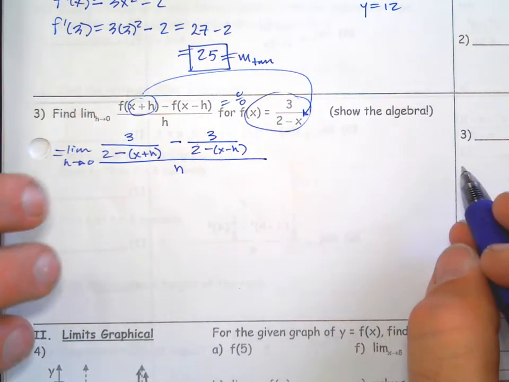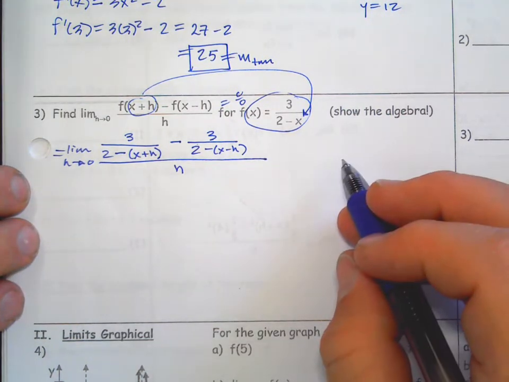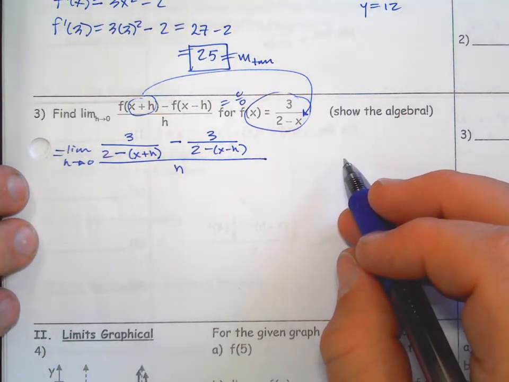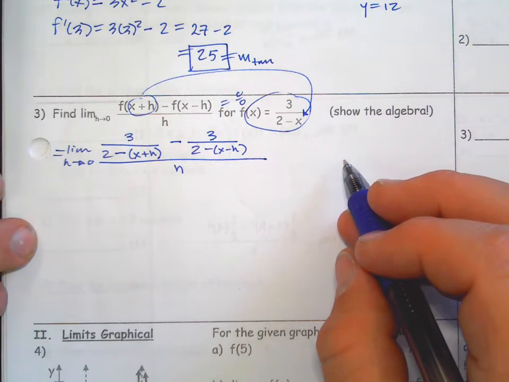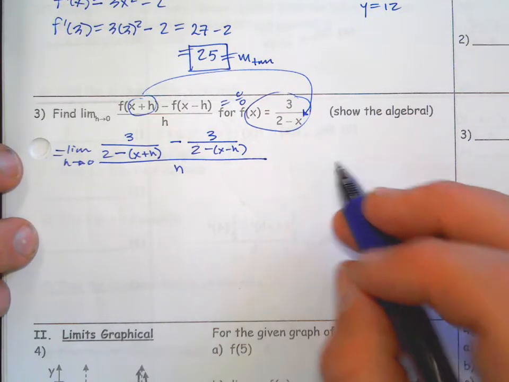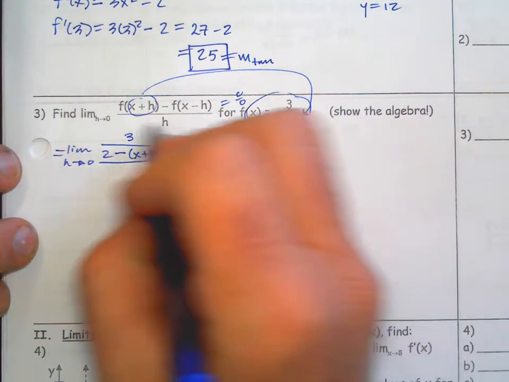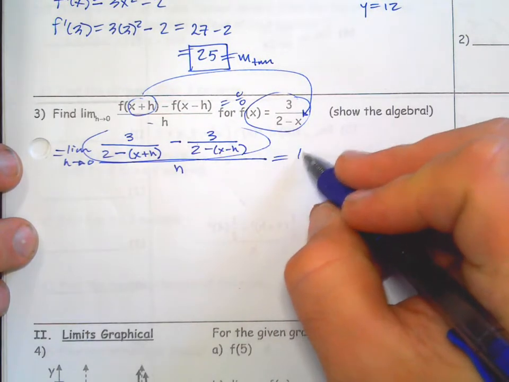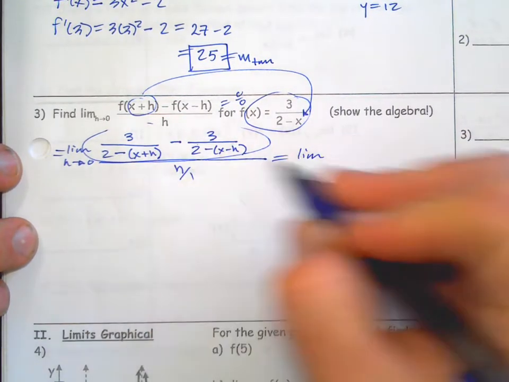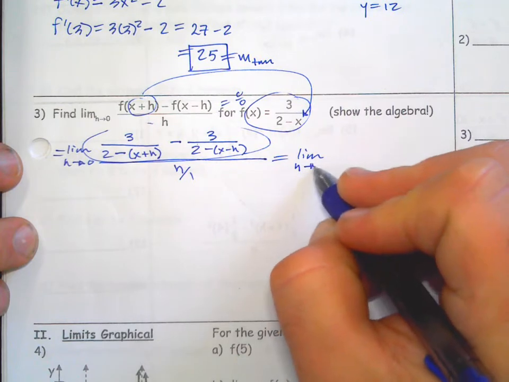We did one like this on one of the recent worksheets, I think the assignment 4 worksheet. Now, we're going to want to combine these together in the least common denominator. This I'm going to think of as h over 1 and just multiply it.